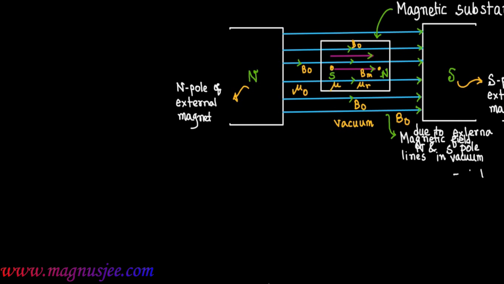Now mu 0 is the magnetic permeability of free space, and mu is the magnetic permeability of the magnetic substance. We can write down the alternative definition of relative magnetic permeability.